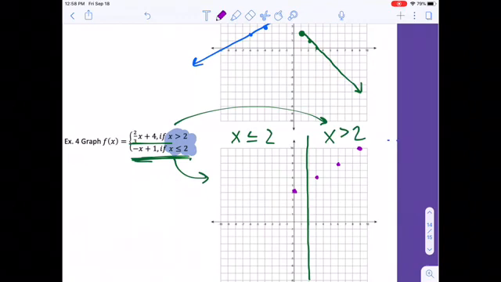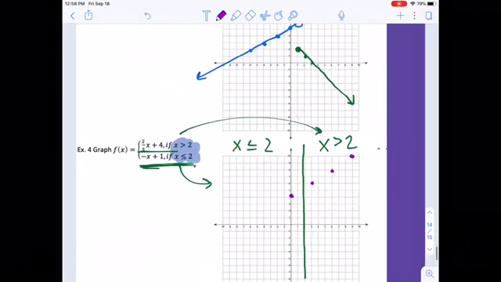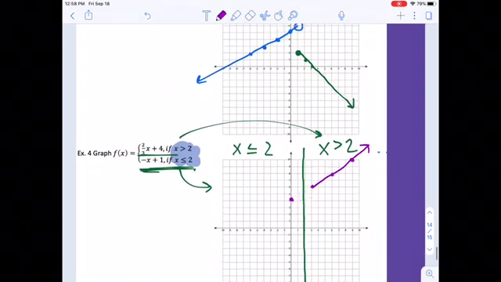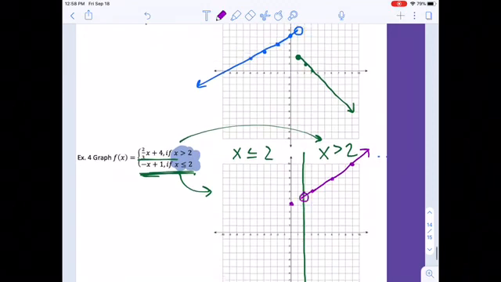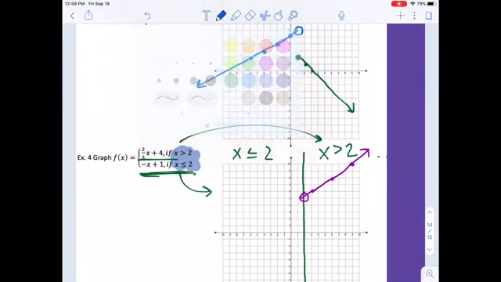This guy will be an open circle, we see by this. So draw my line, extend it down, that'll be an open circle here. Get rid of this other purple dot because he's on the wrong side of the line. Then I will draw my other line on the right side here.